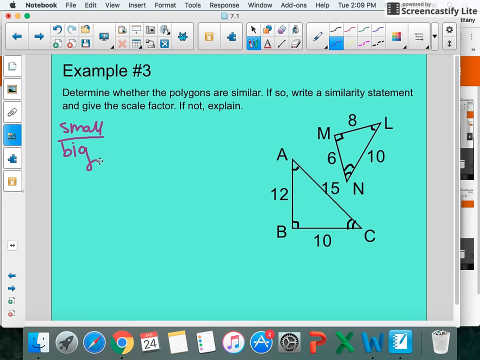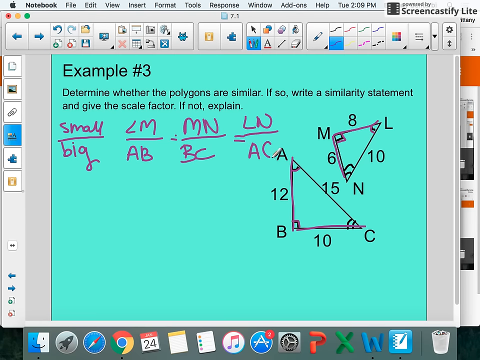So you're going to have LM matches with, now I've got to look, I've got one angle mark here and a 90-degree angle here. That tells me I'm going to use side AB. Then MN is going to match with BC, and LN will match with AC.